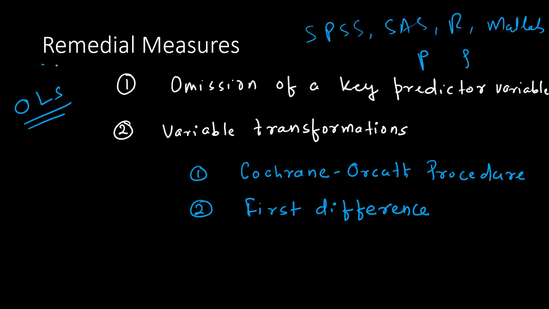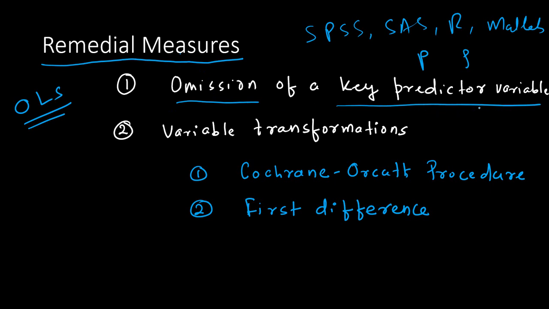You'll have to do some remedial measures before you can use this data for forecasting using linear regression. One of the simple ways to handle autocorrelation is to omit a key predictor variable. So first one, omission of a key predictor variable.